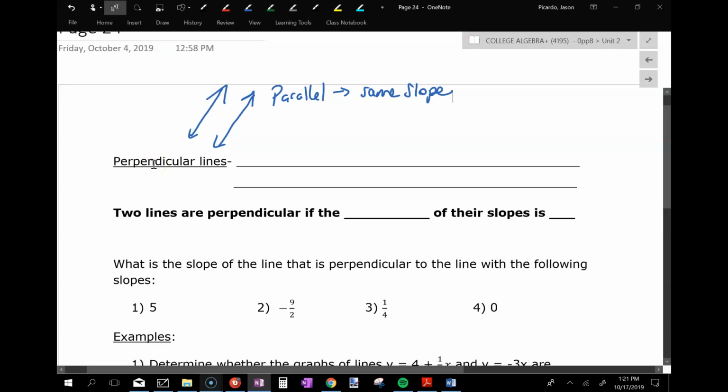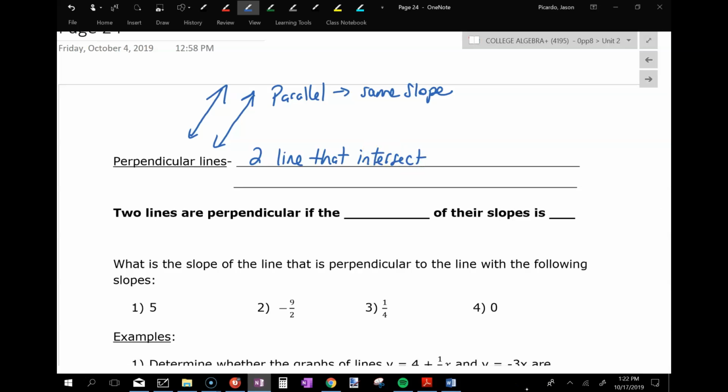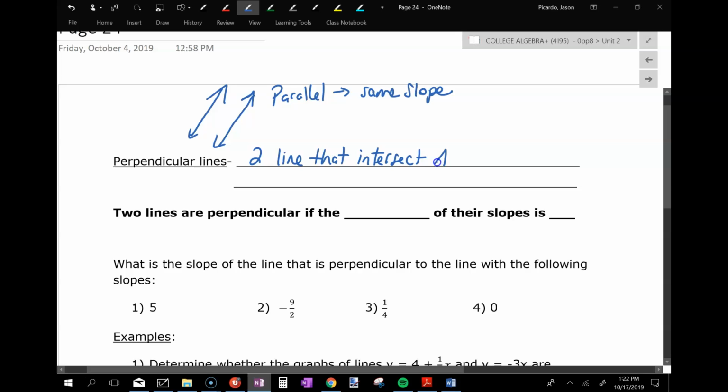Not true. Lines that are perpendicular are two lines that intersect. So that part is true. And create 90-degree angles.